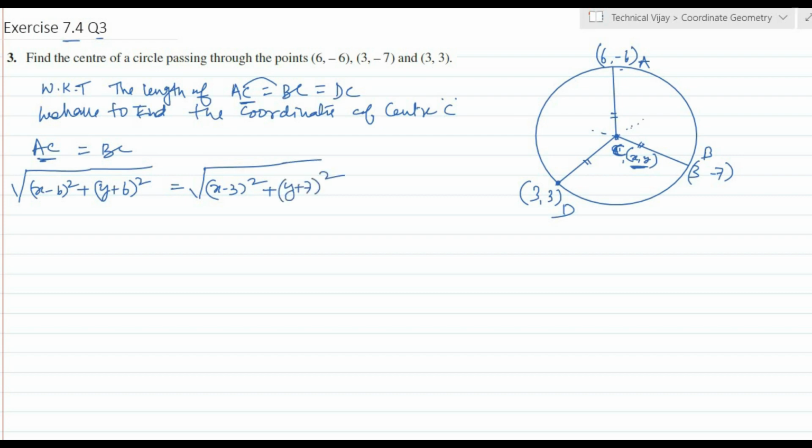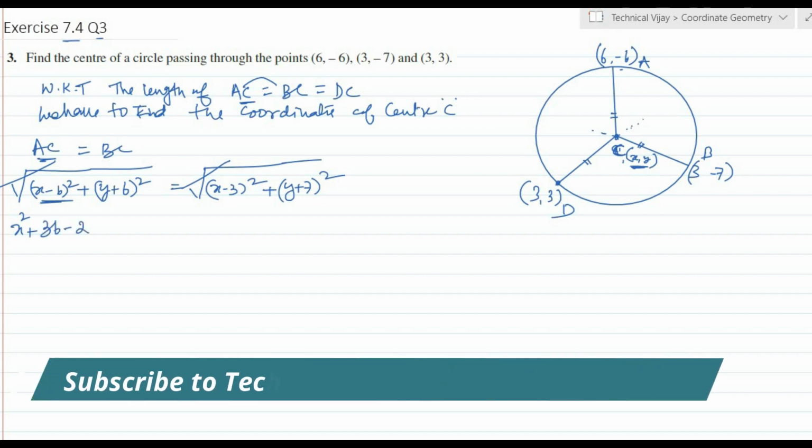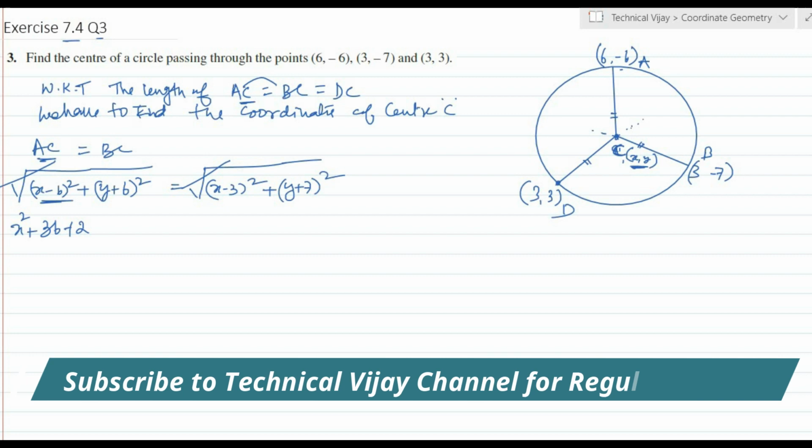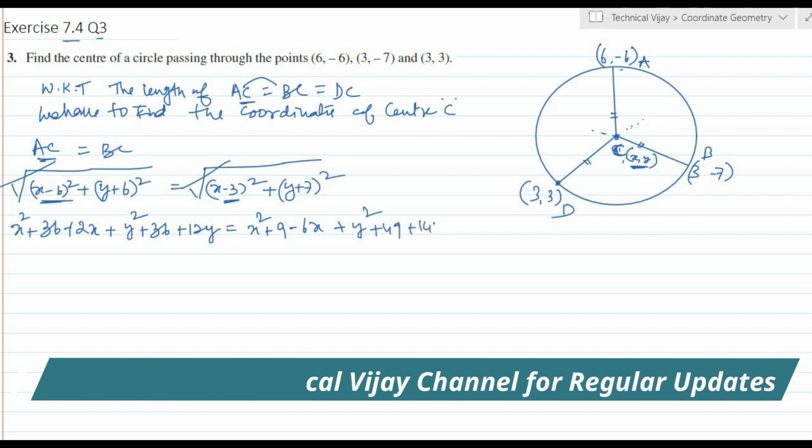The square roots get cancelled. Using the (A minus B) whole square formula, x square plus 36 minus 2 into 6 into x, that is 12x, plus y square plus 36 plus 12y, is equal to x square plus 9 minus 6x plus y square plus 49 plus 14y.